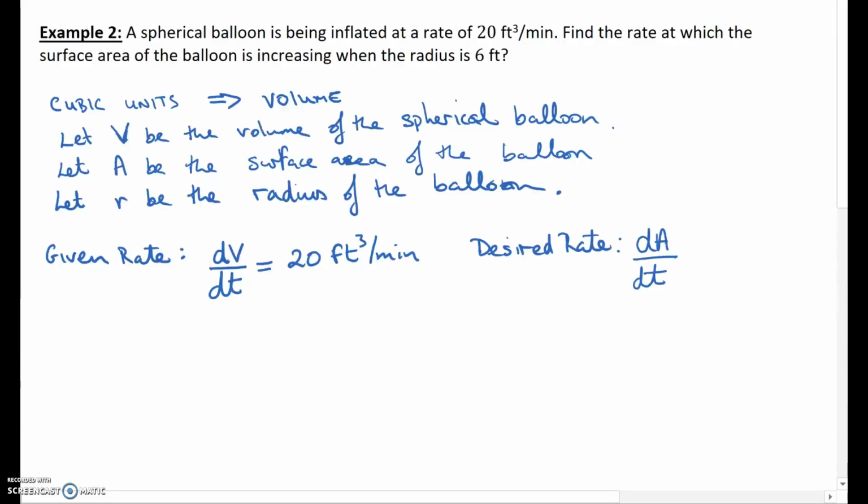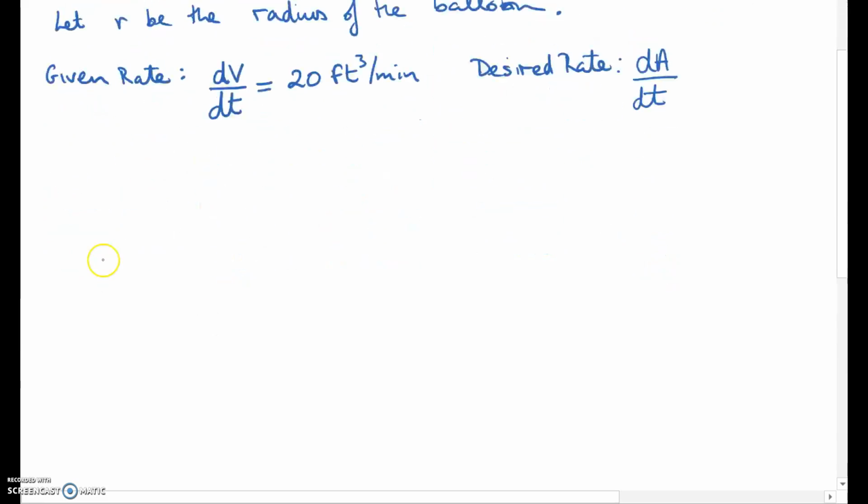So let's work with what we know. The volume of a sphere is V equals 4/3 pi r cubed, and A is equal to 4 pi r squared. That's the formula for the surface area of a sphere.